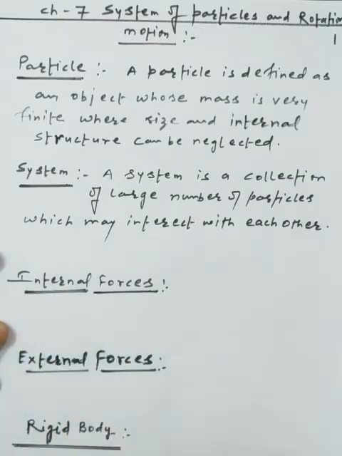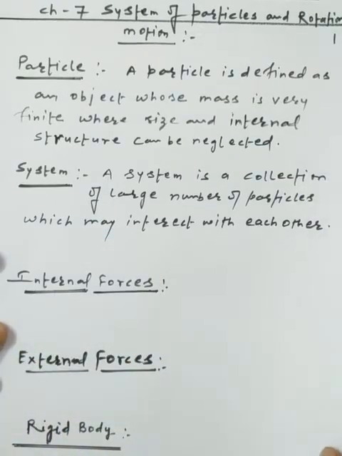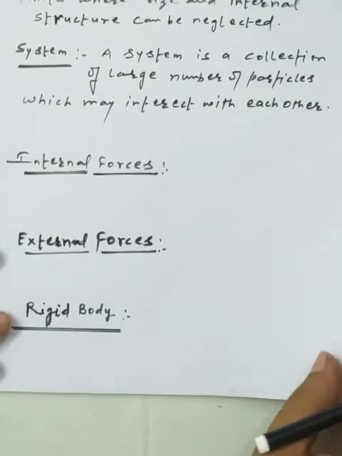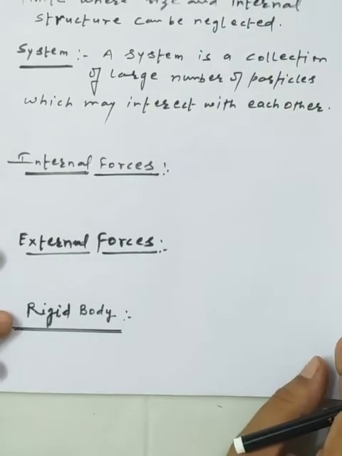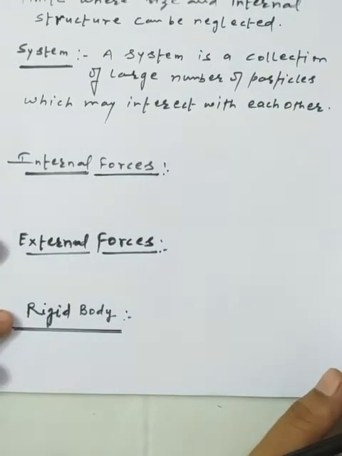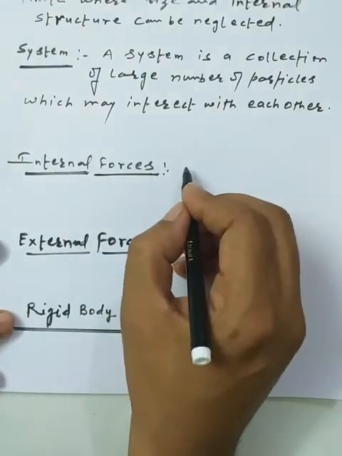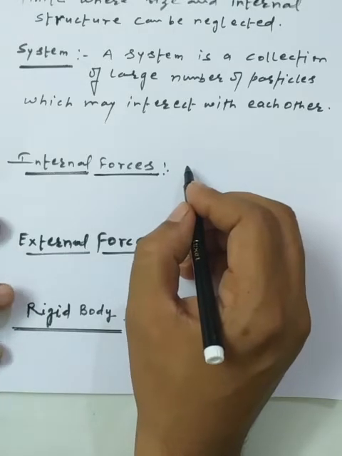As we are imagining the system, all the particles are colliding with each other, or they are acting mutual forces on each other. So these forces are known as the internal forces.